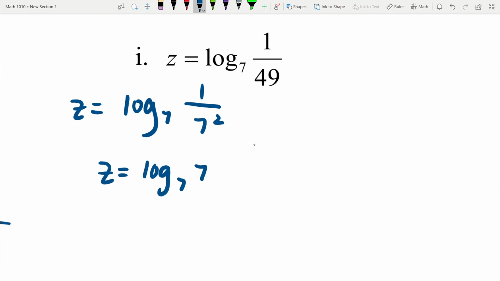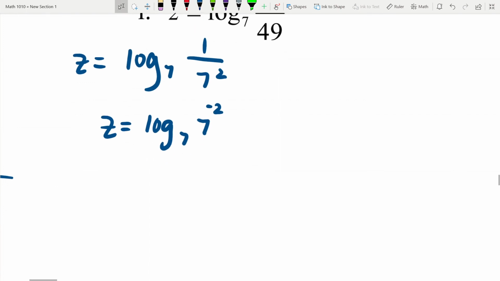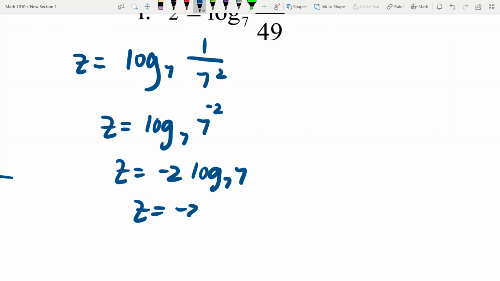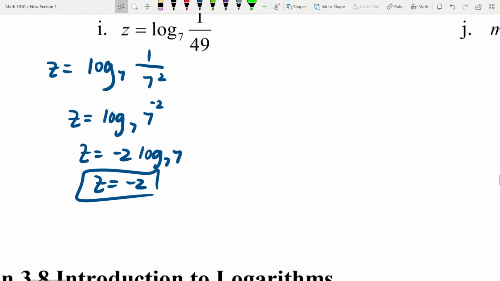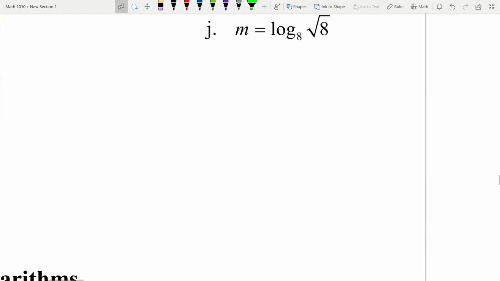So I'm going to bring it up, and then it becomes a 7 to the, talk to me, negative second. Now what do? Should be screaming at you. What do? Exponent, right? So you have negative 2 times log base 7 of 7. Log base 7 of 7 is a 1. 1 times negative 2 is a negative 2. Who says I'm with you? Raise your hand. Let me see. Good. Good. And doesn't that feel nice?